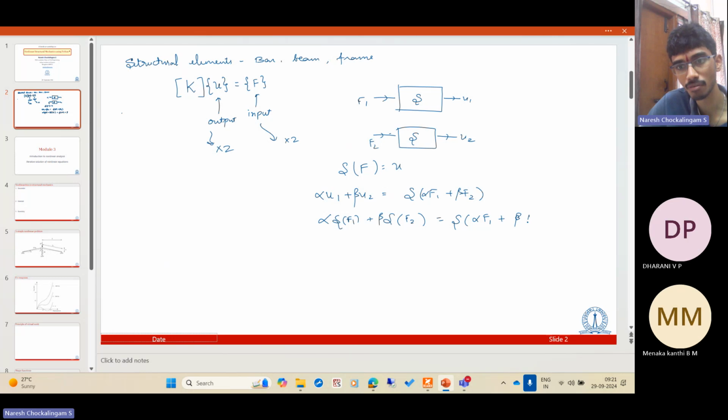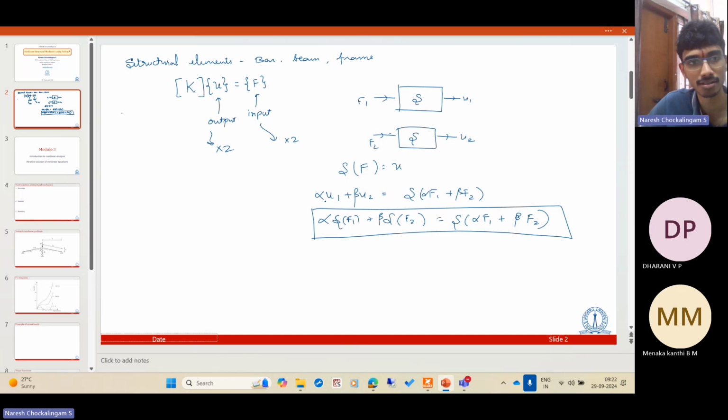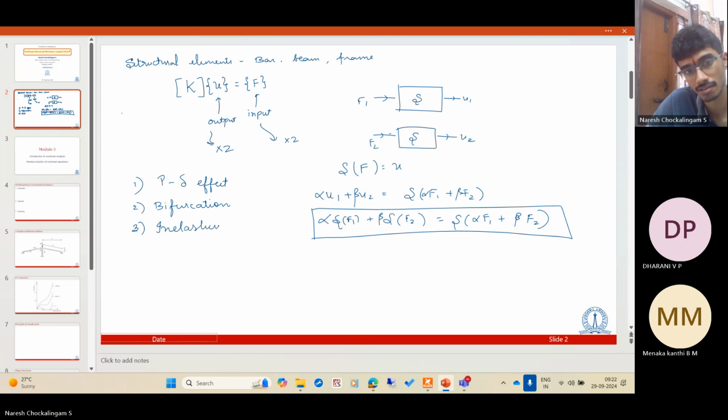And this makes problem solving very simple. So because of this, we have superposition of forces. We can superpose two solutions to get the third, and a lot of things are easy. However, in real structures, we have things such as P delta effect, bifurcation, inelasticity, and then maybe failure.